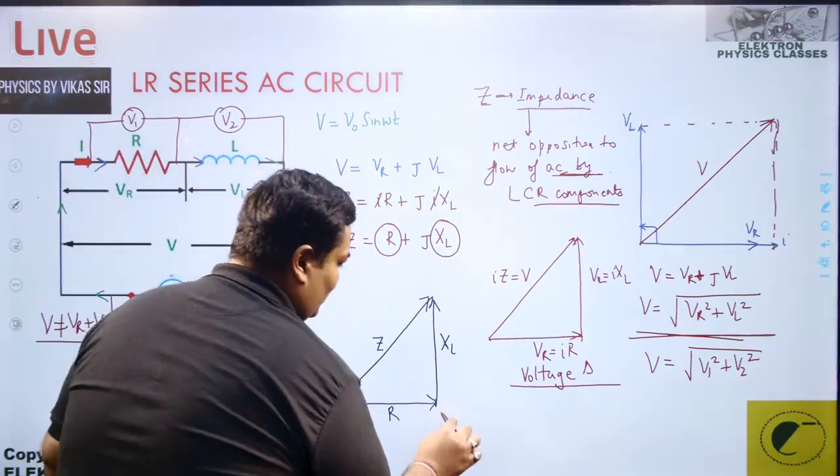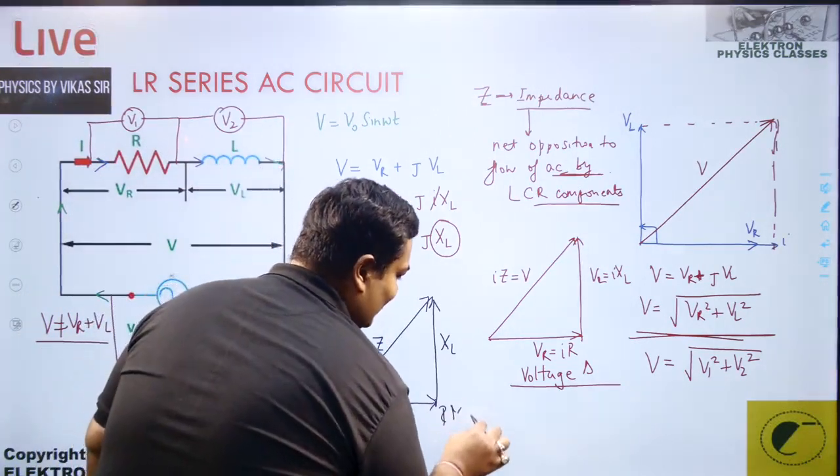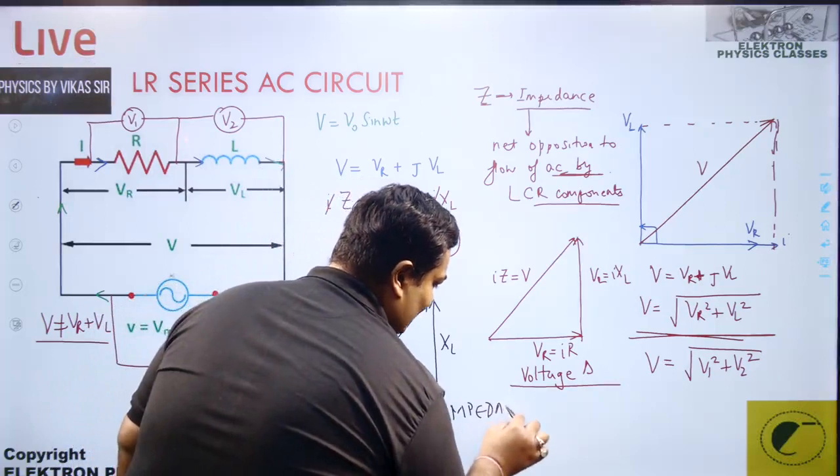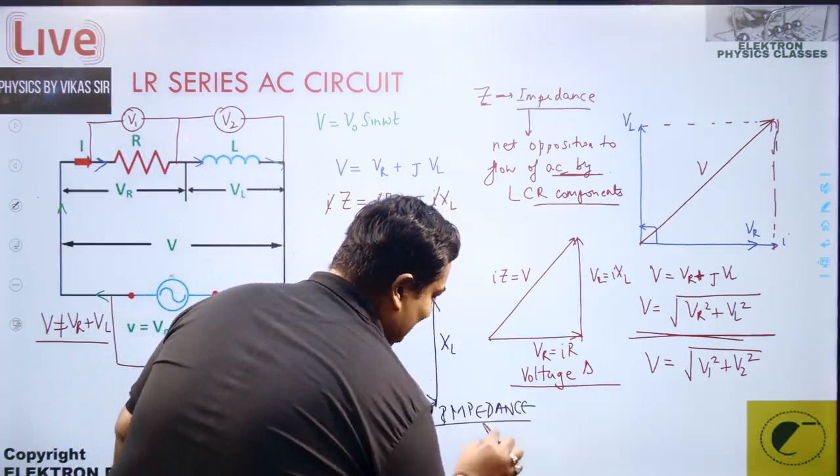This is known as what? That is new thing and important for solving. This is known as impedance triangle.